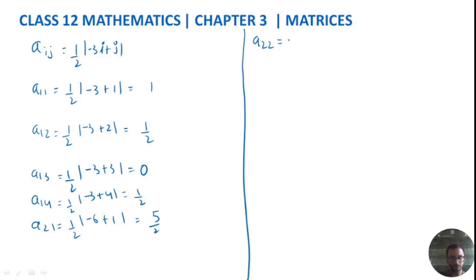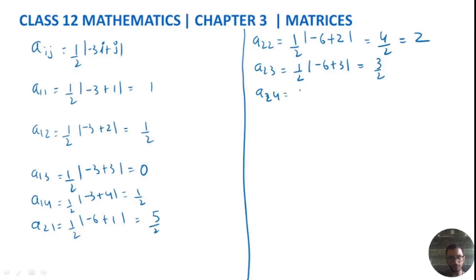A22 will be 1 by 2 modulus of minus 3 into 2, minus 6 plus 2, right? Yeah, so minus 6 plus 2 will be minus 4 and modulus of minus 4 will be 4, 4 by 2, so it will be 2. A23 will be 1 by 2 modulus of minus 6 plus 3, that will be 3 by 2.